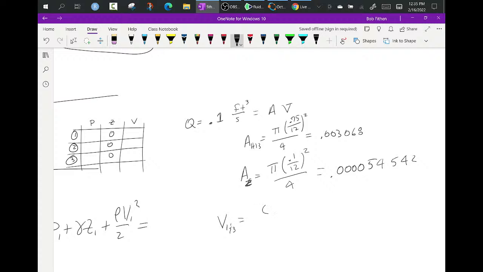It's basically Q divided by A1, or 0.1 divided by 0.003068.